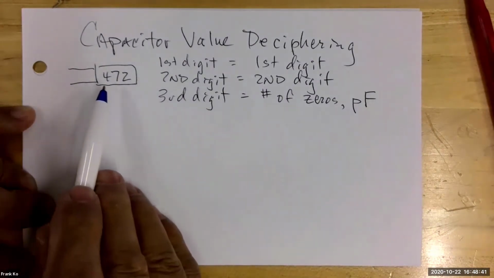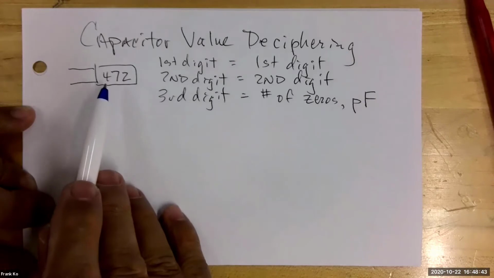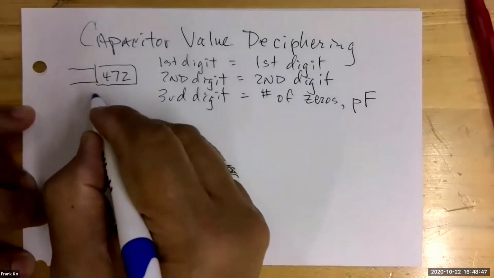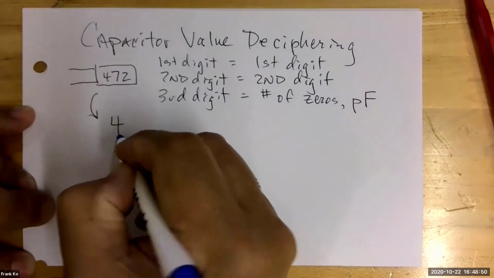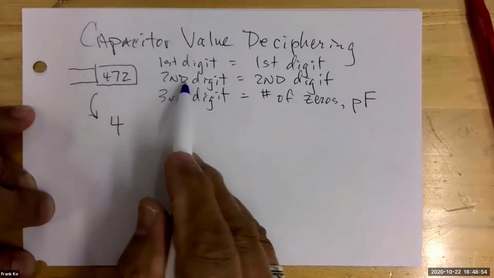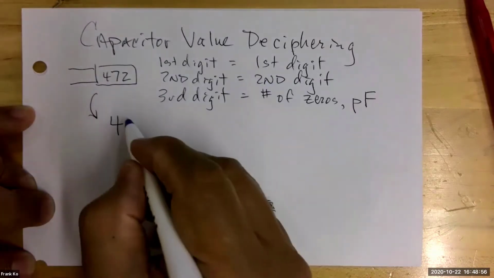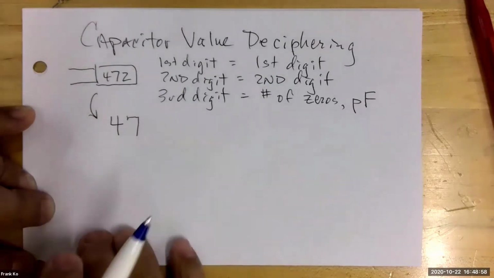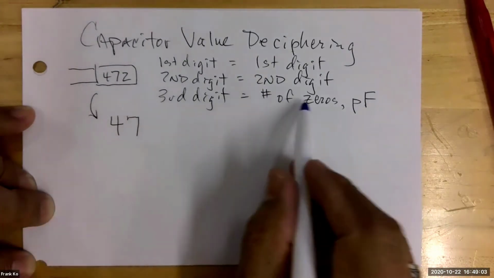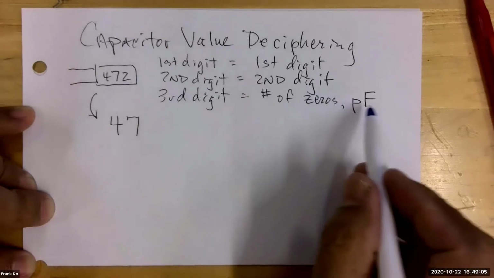So if I'm showing a 472, first digit's a 4, and that represents what? My first digit, so I'm going to write down 4. And then my second digit, which happens to be a 7. So far, so good. My third digit represents the number of zeros followed by pF.